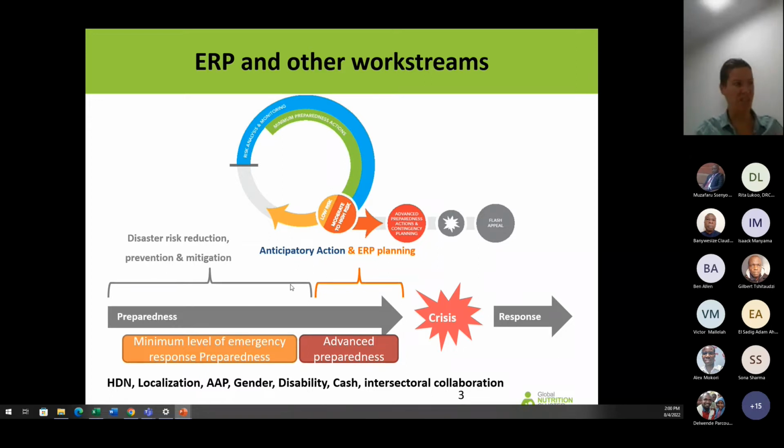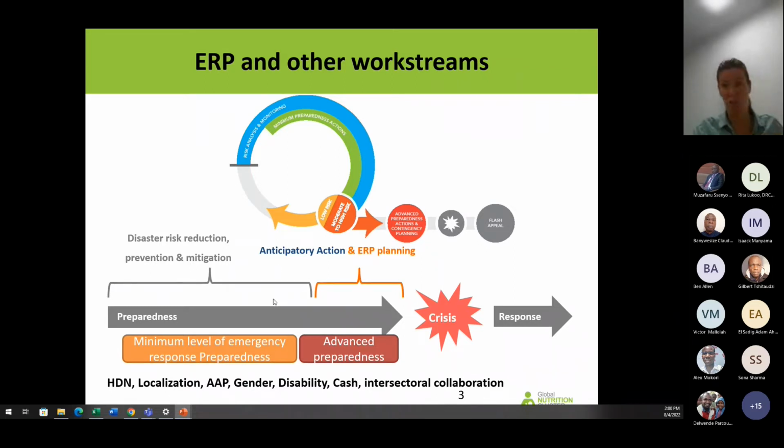So throughout all this, while working on this ERP approach, you'll realize that the planning outputs can be brought back to different work streams. And this is how we are thinking also that strengthening ERP planning is a way to maybe also support building a closer bridge between humanitarian and development, the so-called humanitarian development nexus.